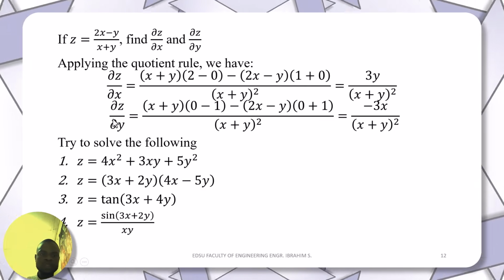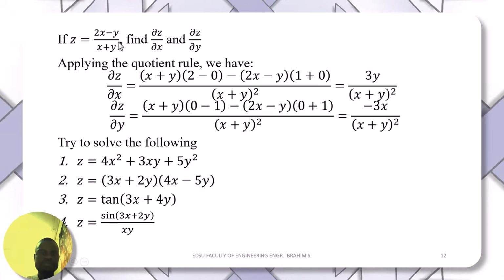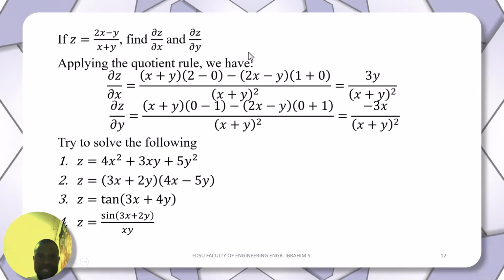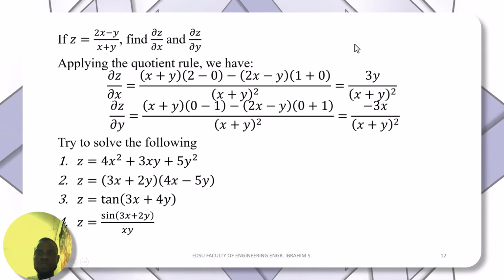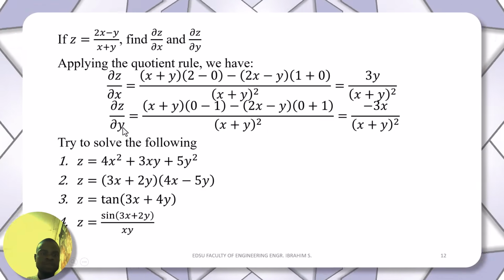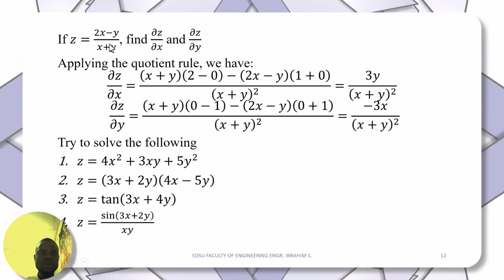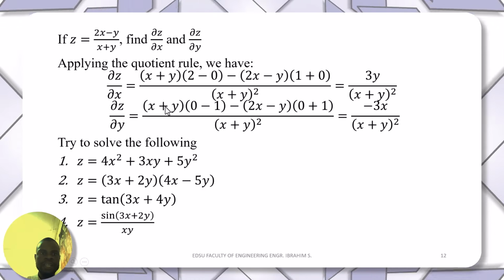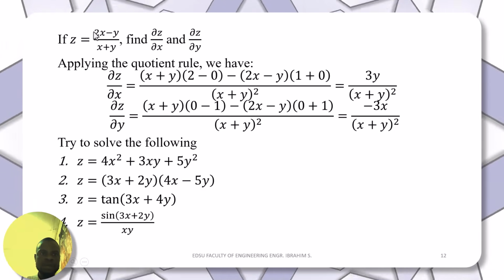Then with respect to y, I will apply the same quotient rule, v du/dx minus u dv/dx all over v square, and don't forget you are differentiating with respect to y now. Look at my v, then du, look at my u here.